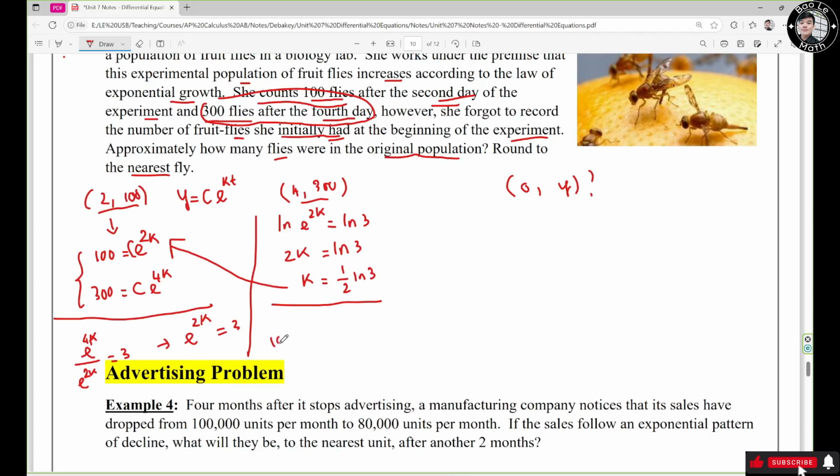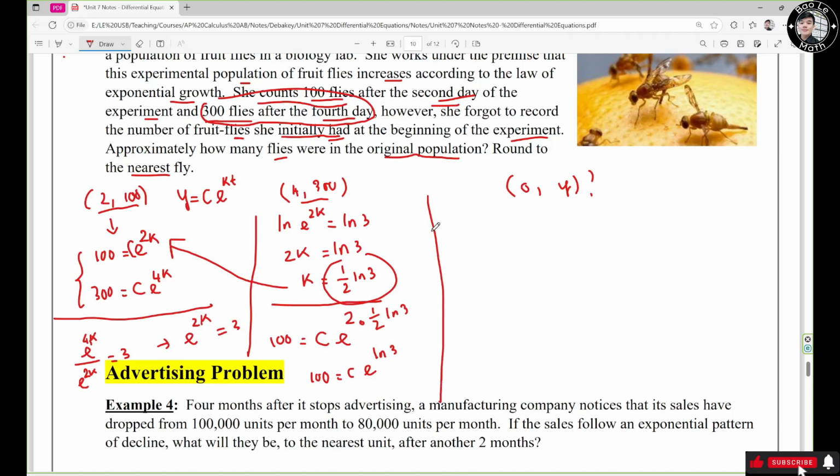So I have 100 equals c times e raised to the 2 times k, with k being 1/2 natural log of 3. So 100 equals c times e raised to the natural log of 3.